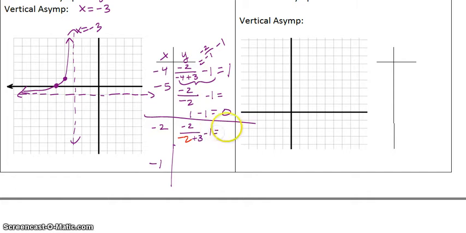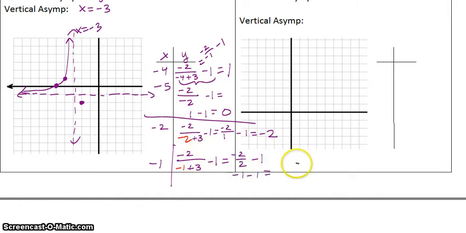So now I have negative 2 over negative 2 plus 3 is 1. So that's negative 1 minus 1. Okay, so negative 2 is my first point. I'm plugging in what I need to for the next one. Negative 2 over 2 is negative 1.